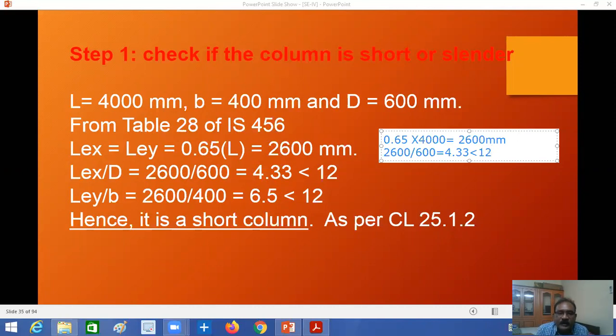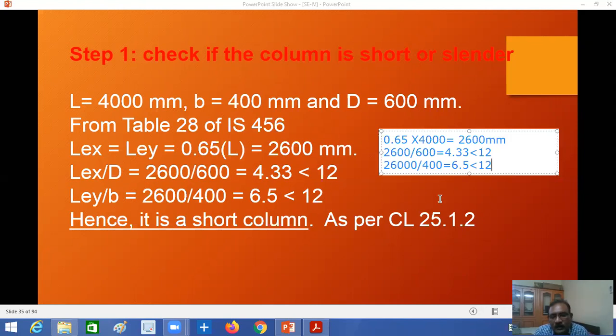So that's why it's a short column. You can check in the shorter direction also, that is 2600 by 400, which is 6.5. Use the calculator, and it is also less than 12. So in both cases, it is a short column.